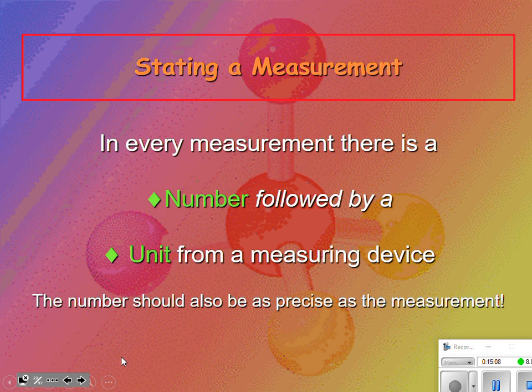And those units are derived from whatever piece of equipment you are measuring with. If you remember our skills review worksheet, we were measuring with a graduated cylinder, so those units would be milliliters. If I'm using a ruler to measure, there could be a couple of things. I could be measuring in inches. If I'm using the metric system, the SI, I would be measuring in centimeters probably. So depending on what the instrument is you're measuring is depending on where you get the unit.